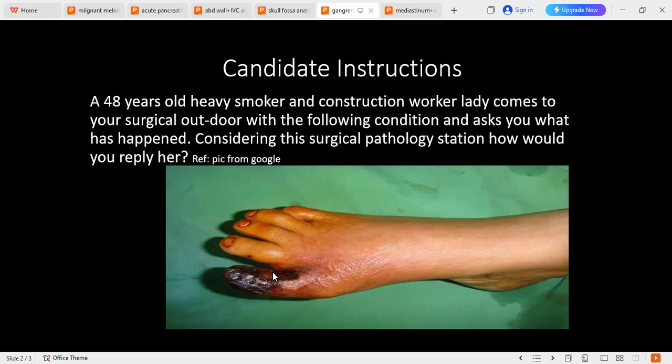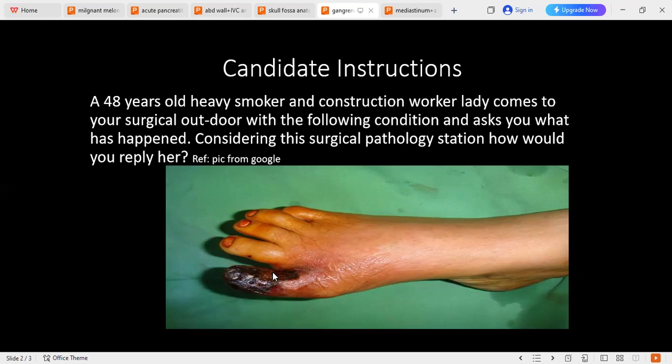What do you mean by the term necrosis? Necrosis is pathological cell death that needs energy. Can you explain? What do you mean that it needs energy?